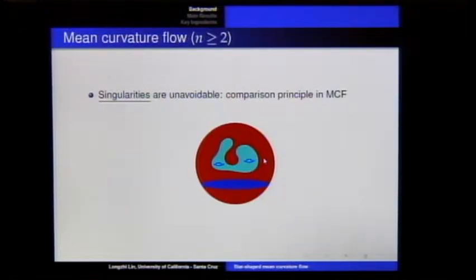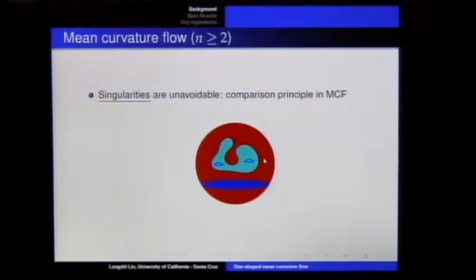But the sphere will shrink to a round point in finite time, while the inside mean curvature flow will stay apart from the sphere. So before the sphere becomes extinct, the original mean curvature flow should develop singularities, right? Even before the sphere shrinks to a round point.